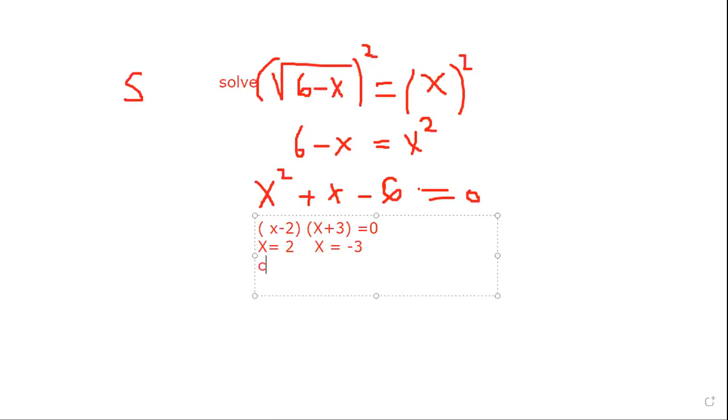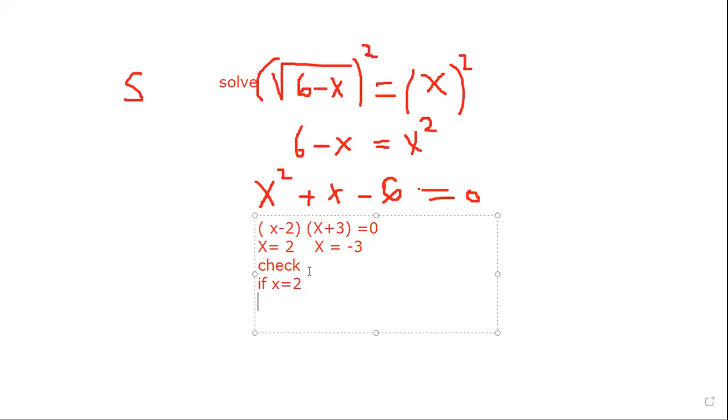Now we want to check our answers. For x equal 2, we will go back to the original equation.